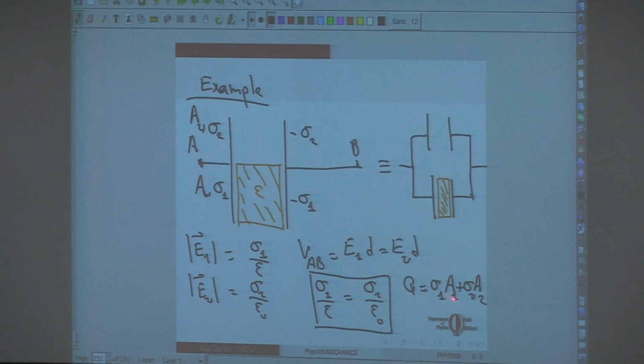Once you know sigma 1 and sigma 2 in terms of the total charge, you know the electric field in terms of the total charge. Once you know the electric field in terms of the total charge, you know the relation between the potential difference between these two plates and the total charge on these plates. And that proportionality constant will be just your capacitance. It gives you exactly this result. Questions?